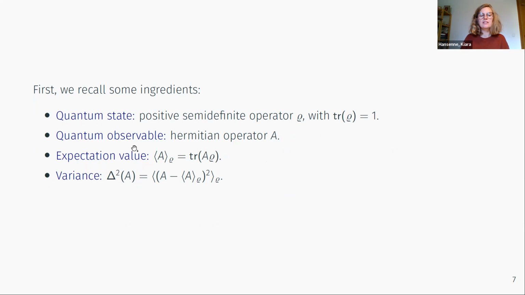Then we're also going to discuss quantum observables, and as I said already before, those are Hermitian operators labeled with capital letters like this A. And we're going to talk about taking the expectation value of that Hermitian operator on a given state rho. The expectation value of our observable A on the state rho is just given by the trace of the product of those two operators. And then we're also going to discuss variances, which are defined like this.